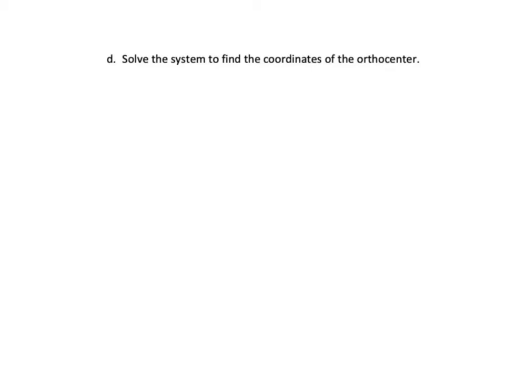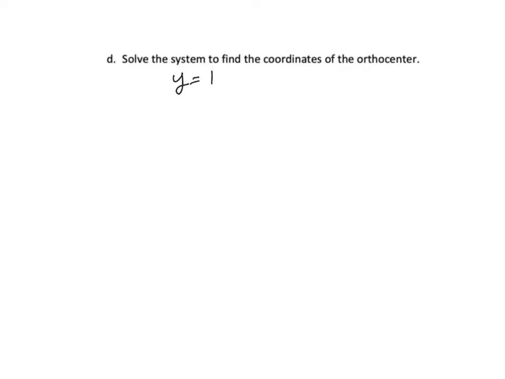And then the last part of this problem is solving for the coordinate of the orthocenter, where those altitudes meet. So we want to solve this. And to solve it, we're going to set up a system. It says solve the system. Well, our system is just the two equations that we found. You only need two of them out of the three.